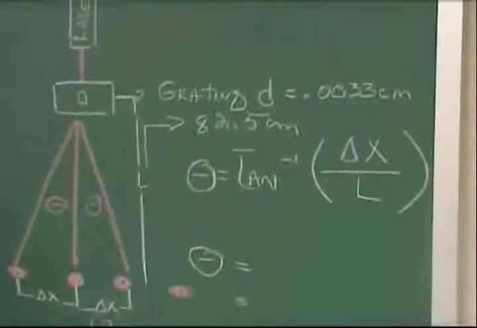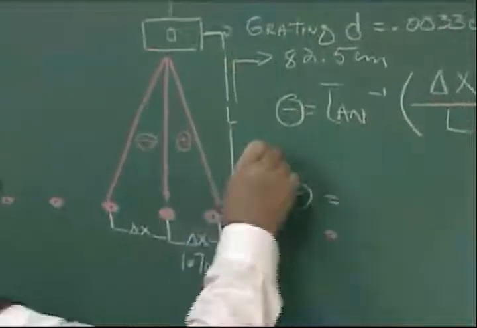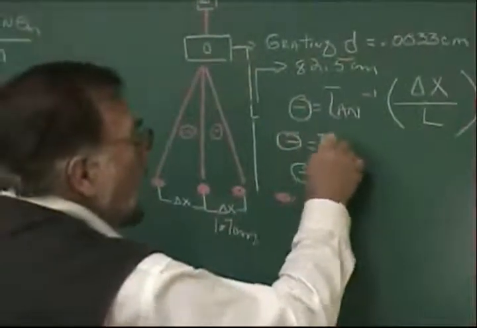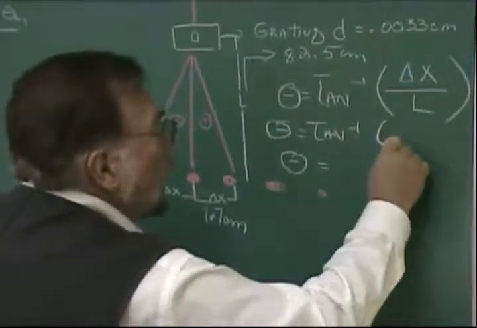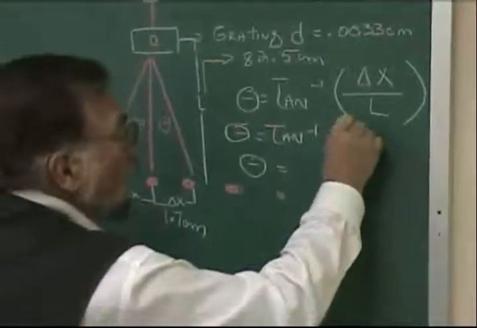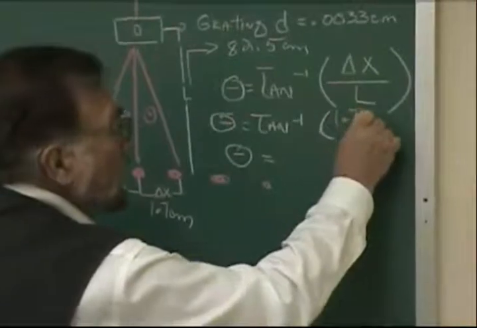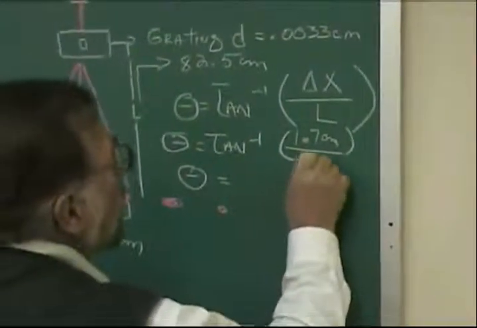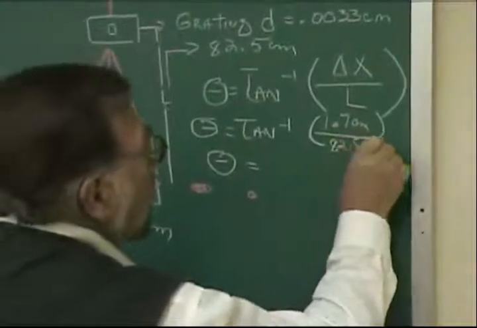and 82.5 centimeters for L. Now what we want to do, we want to figure out what this angle is. Theta will be 1.7 centimeters, right, divided by 82.5 centimeters.